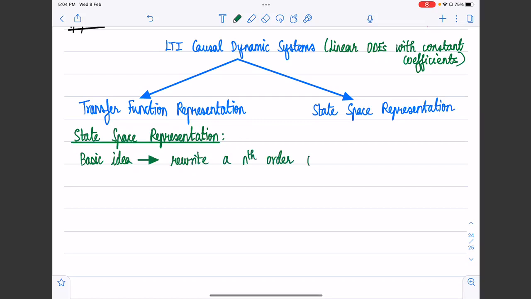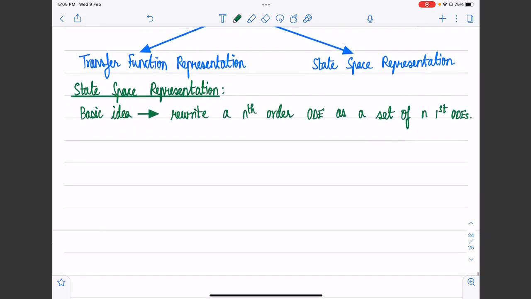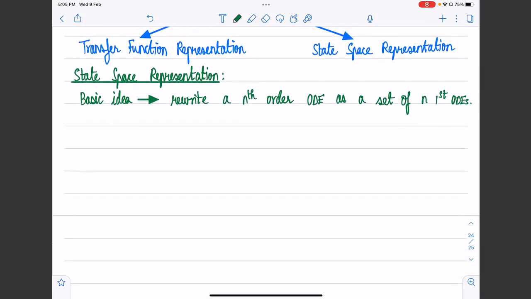We'll see how we do it and then what it gives us. Those are some things which we will discuss shortly. But the central idea is to rewrite an nth order ordinary differential equation as a set of n first order ordinary differential equations. That's what happens with the state space representation.